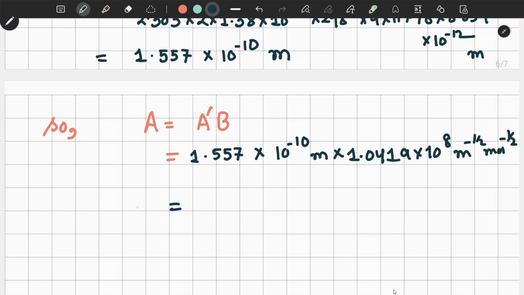So what is the answer? 1.62 into 10 to the power minus 2. 1.62 into 10 to the power minus 2. Then something is wrong.